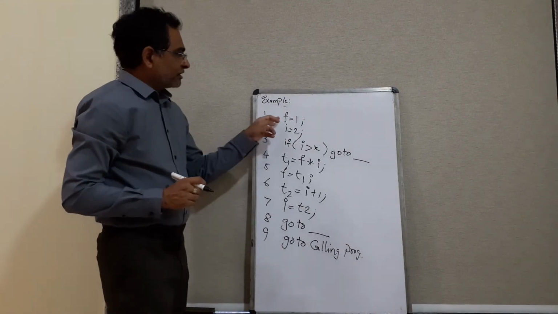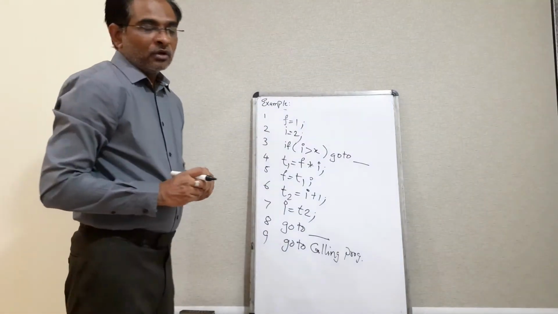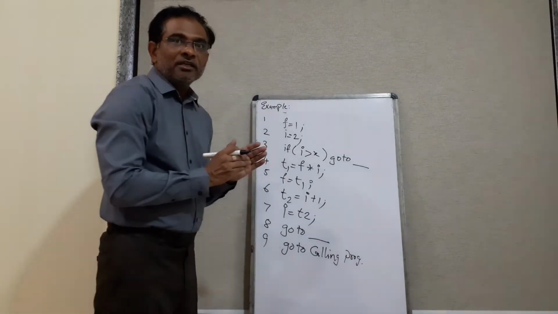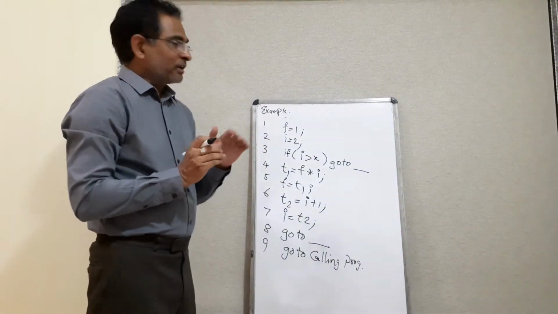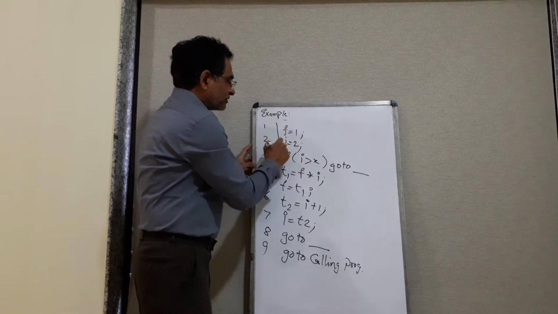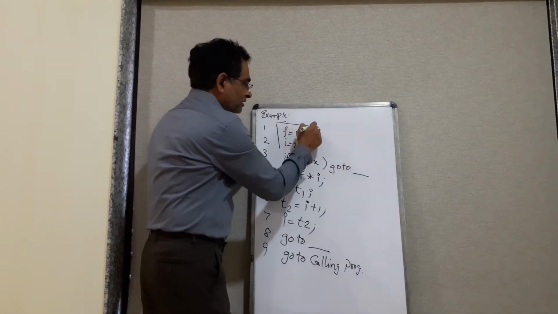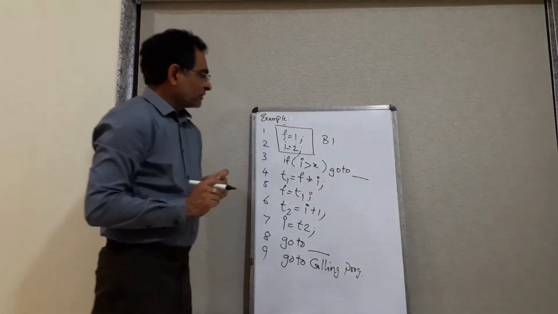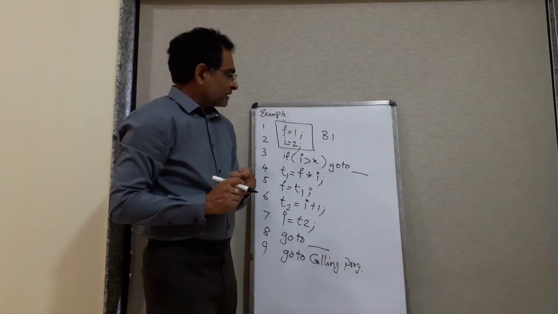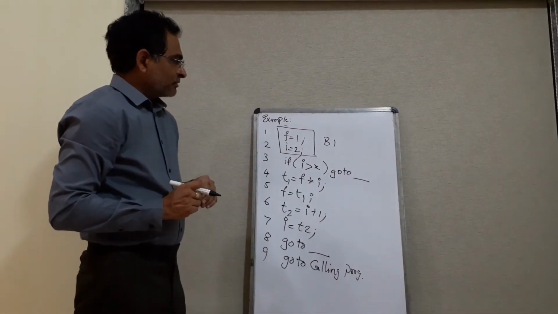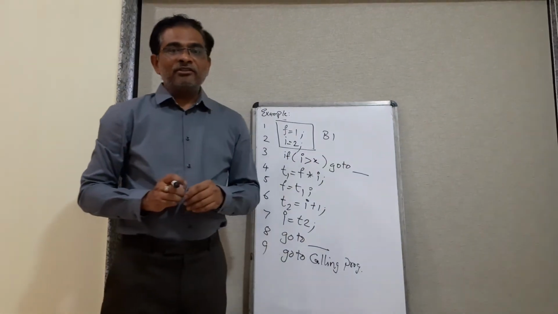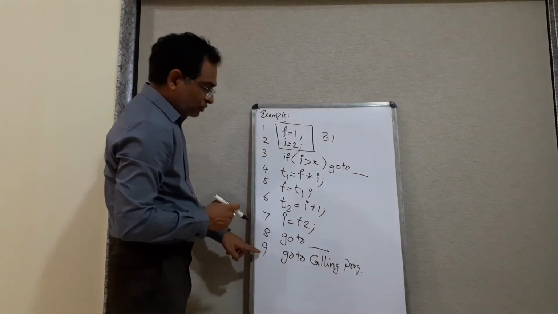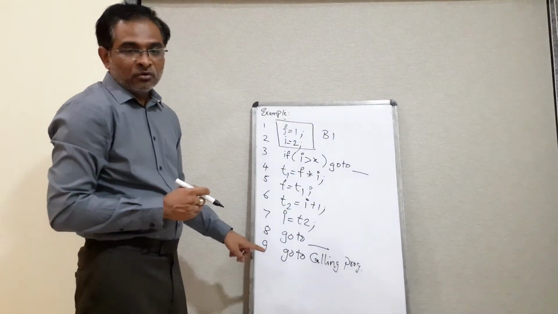So f is equal to 1, i is equal to 2, and what was the rule for the leader? The first statement is a leader, right? So this is the first statement which is going to be a leader, and I am saying that this is my block 1. The second rule is that a conditional statement, wherever it does a target jump, is also going to be a leader. So here it is go to 9.